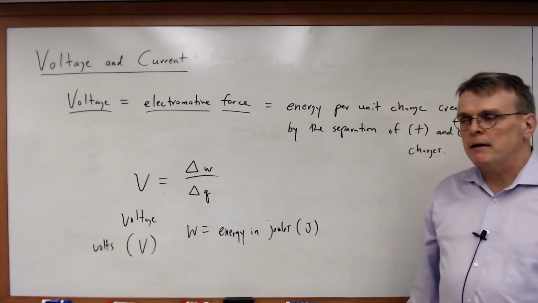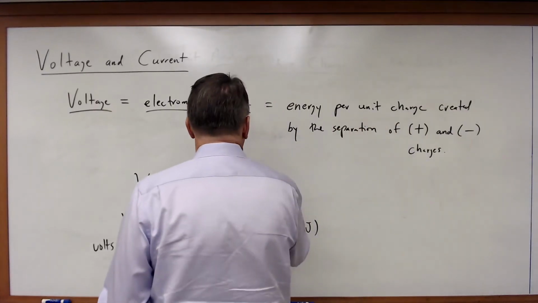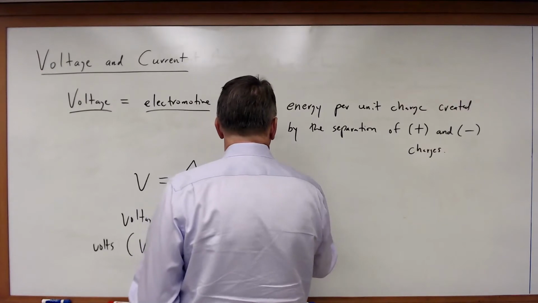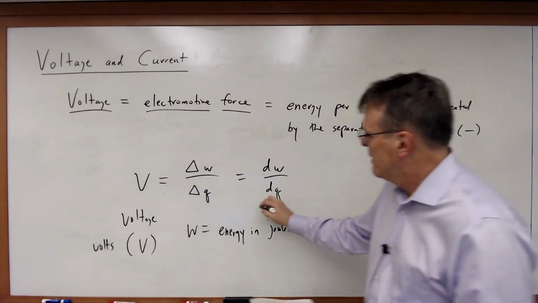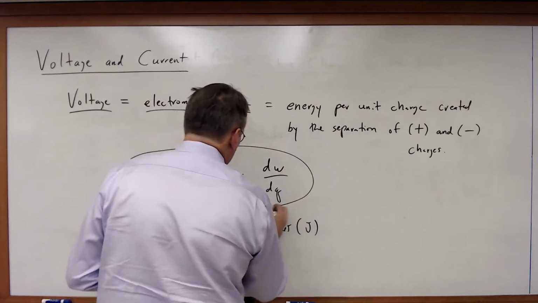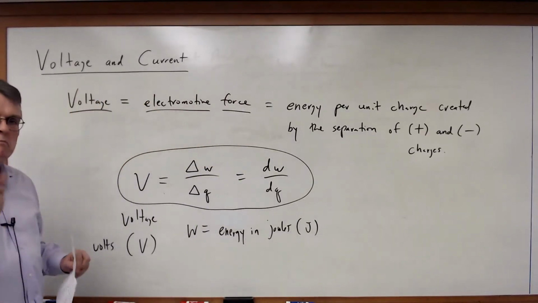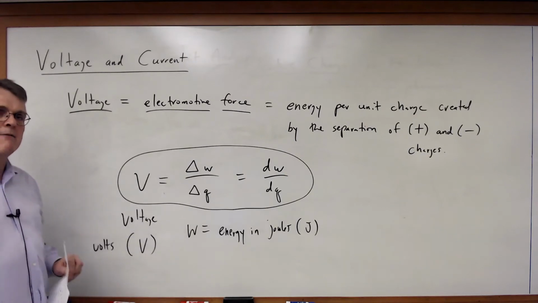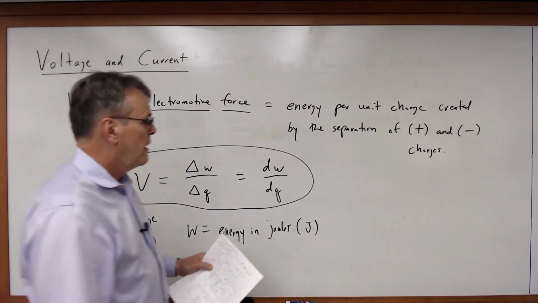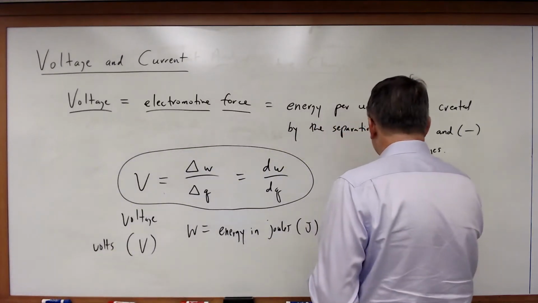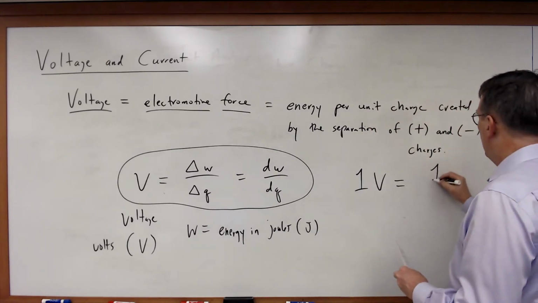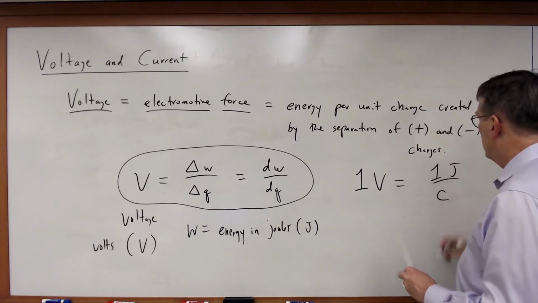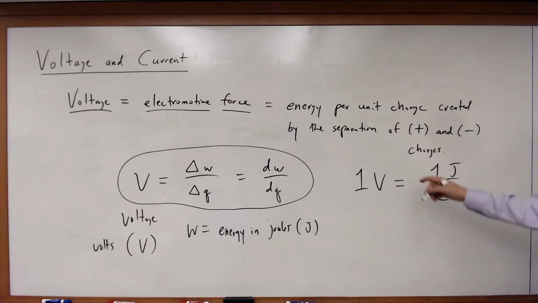And once again, we can write this as a derivative and say this is equal to dW dQ. And so here's our mathematically precise definition for what voltage is. Once again, looking at the units, we can say that 1 volt must be equal to 1 joule per coulomb by definition.